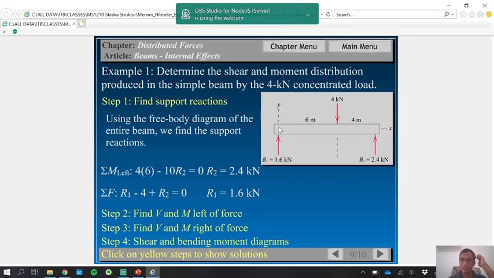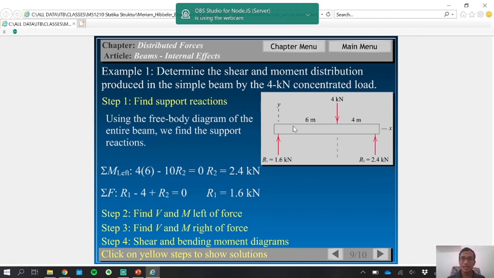The first equation works from x equal to 0, this point, until x equal to 6 meters, this point. Then the second equation works from x equal to 6 meters until x equal to 10 meters, this point. So we always try to find which part is continuous.